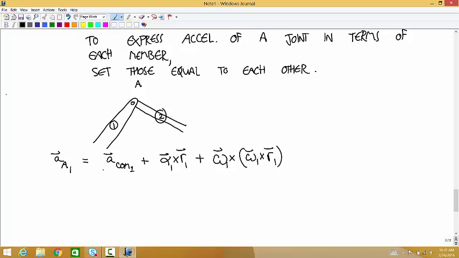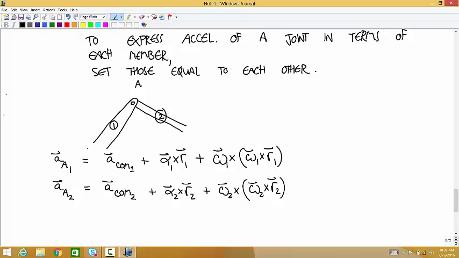This is relative motion. So you follow what I'm doing there? And you can also represent the acceleration of the point A according to body 2. That's equal to the acceleration of the center of mass of 2 plus alpha 2 cross R2 plus omega 2 cross omega 2 cross R2.